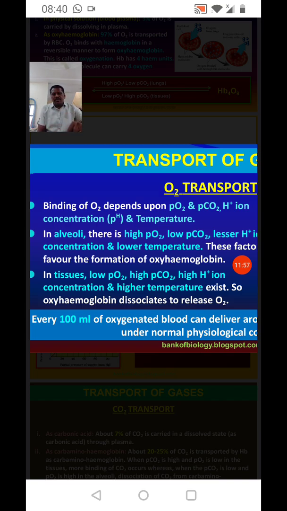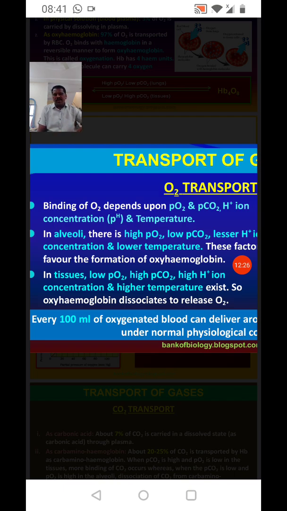But here you should remember that not only partial pressure of oxygen, other factors like partial pressure of carbon dioxide, pH and temperature also decide the transportation of oxygen by hemoglobin. In other words, we can say the place where the partial pressure of carbon dioxide is low, there oxygen combines with the hemoglobin.